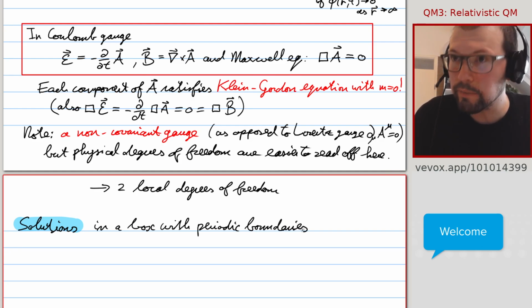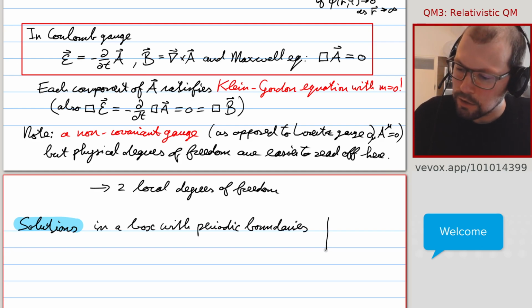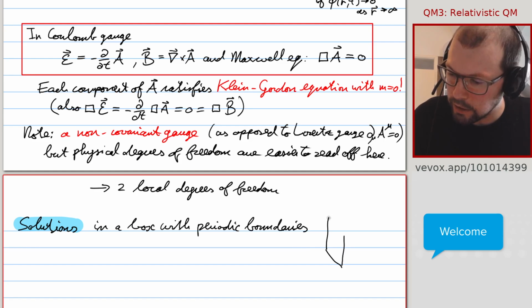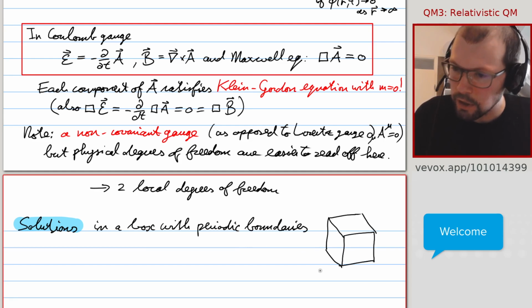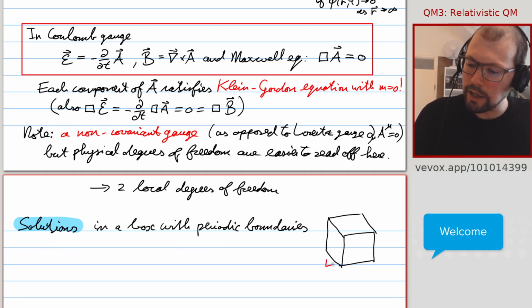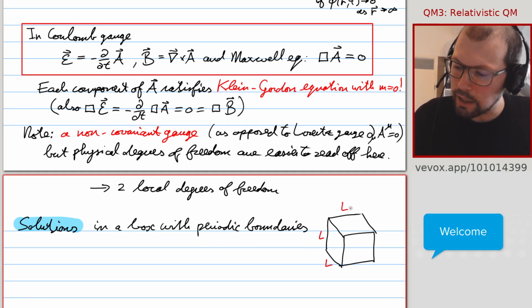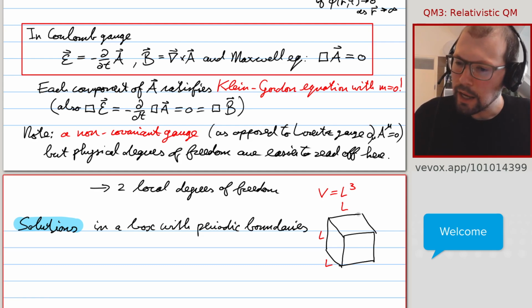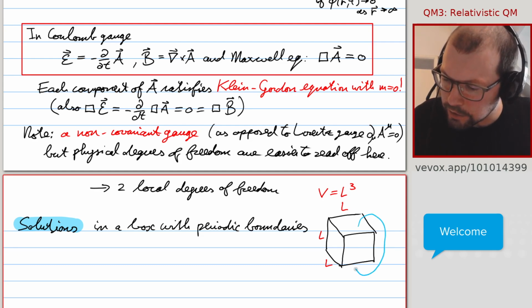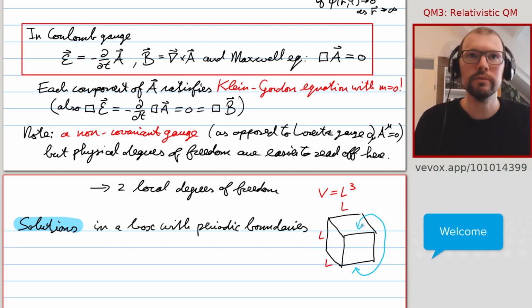So let's take a cube of side lengths L and volume V equal to L cubed. And we're gonna periodically identify the sides of this box. It's just easier than imposing some zero boundary condition.